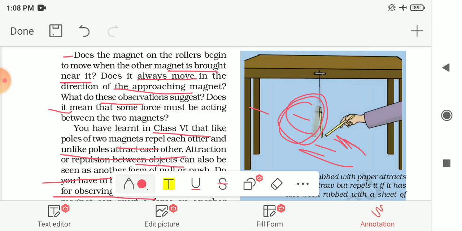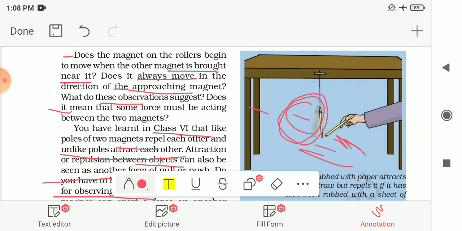While performing this activity, you will observe that in the first case, when the rubbed end of the straw is brought near the suspended straw, it moves towards the rubbed end of the straw. That shows the attraction between these two pieces.